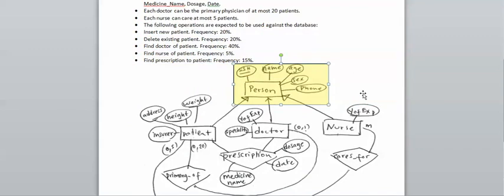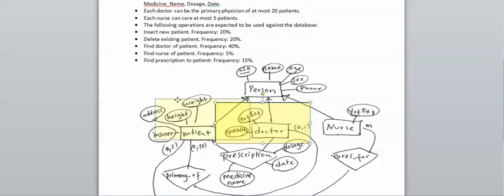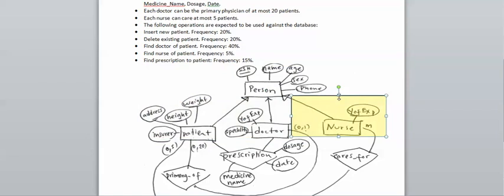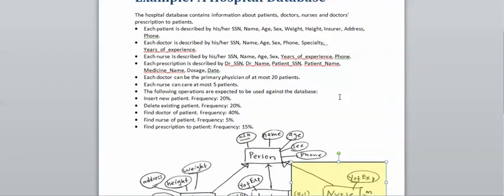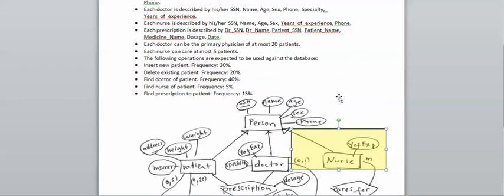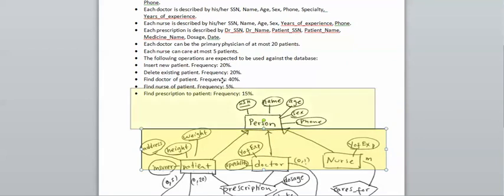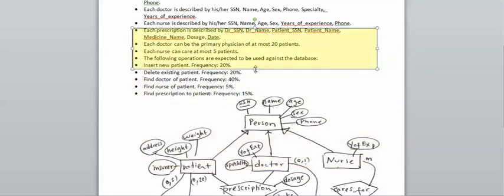What I did is the process of generalization, because they were given those three, and I listed the attributes that were different for patient, doctor, and nurse. I think we got all the attributes and the information that we need. Okay, so let's go back here and see the next part.